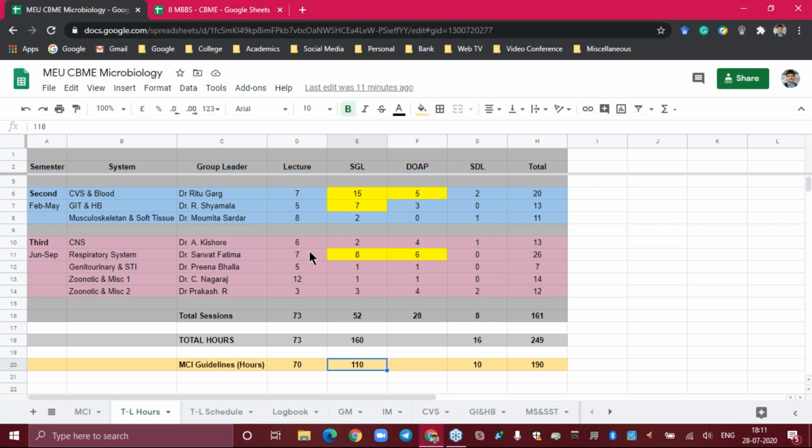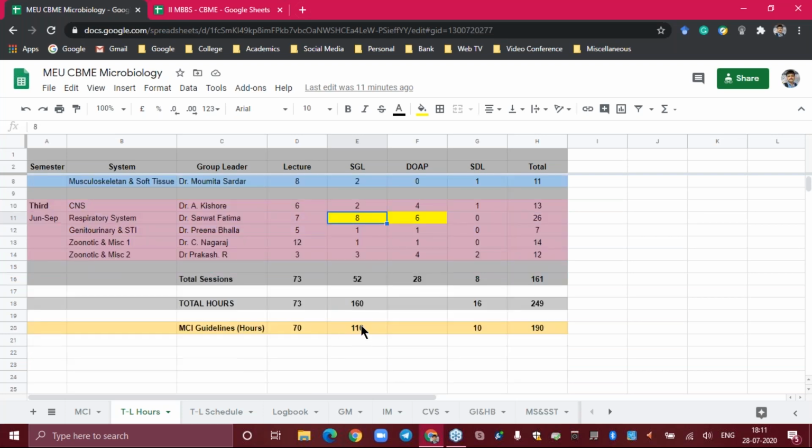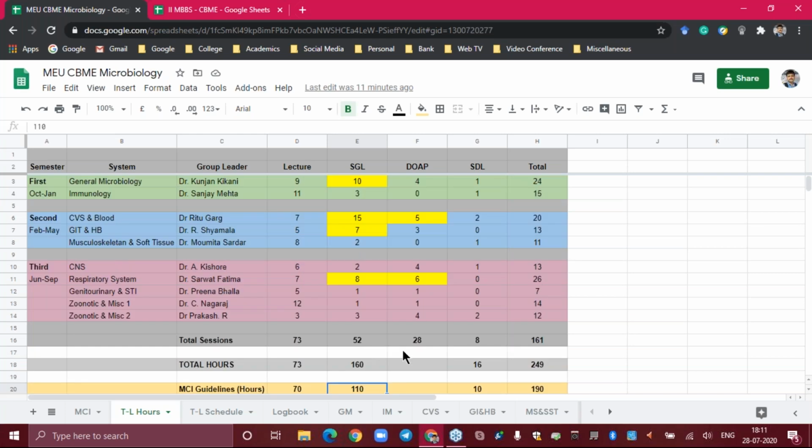So we need to restrict to 110 hours, but still there is 160 hours. So we need to cut down, and those areas in which we need to cut down, I have already marked in yellow color: CVS and blood, general microbiology, CVS and blood, GIT, hepatobiliary, and respiratory system, right? So still 50 hours need to be reduced from that.